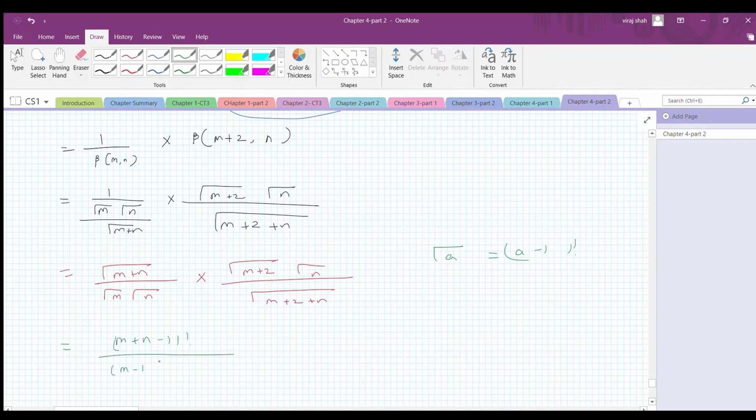Divided by m minus 1 factorial, n minus 1 factorial. I can write m plus 2 as nothing but m plus 2 minus 1 factorial, which is nothing but m plus 1 factorial, right? And I can write this as n minus 1 factorial. Similarly, I can write this as m plus 2 plus n minus 1 factorial, which is nothing but m plus n plus 1 factorial, right? Simplifying it, this and this gets cancelled.